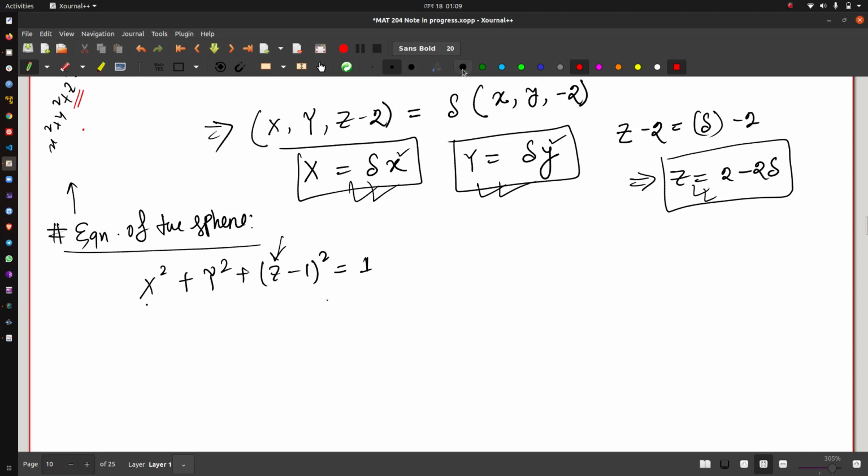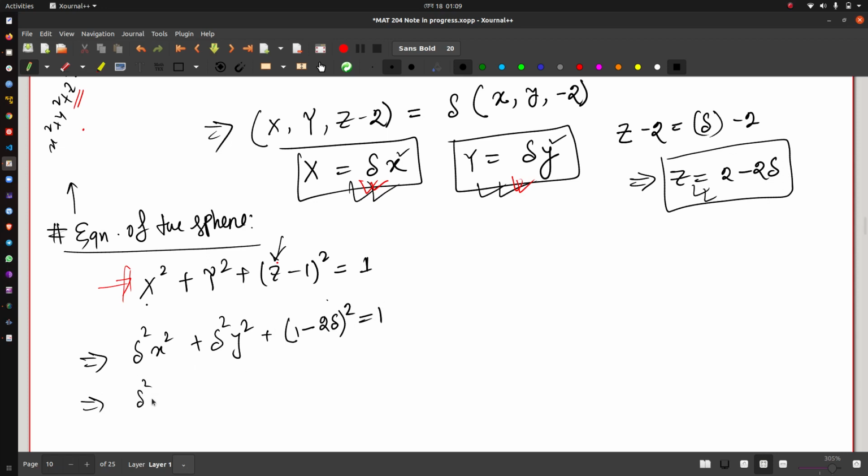So now let's use these conditions over here in this equation, and let's see what happens. So capital X square would translate into delta square small x square, then you have delta square small y square, and you have this Z minus 1 thing, right? So Z was what? 2 minus 2 delta, so there's a minus 1, so it should be 1 minus 2 delta whole square equals to 1.